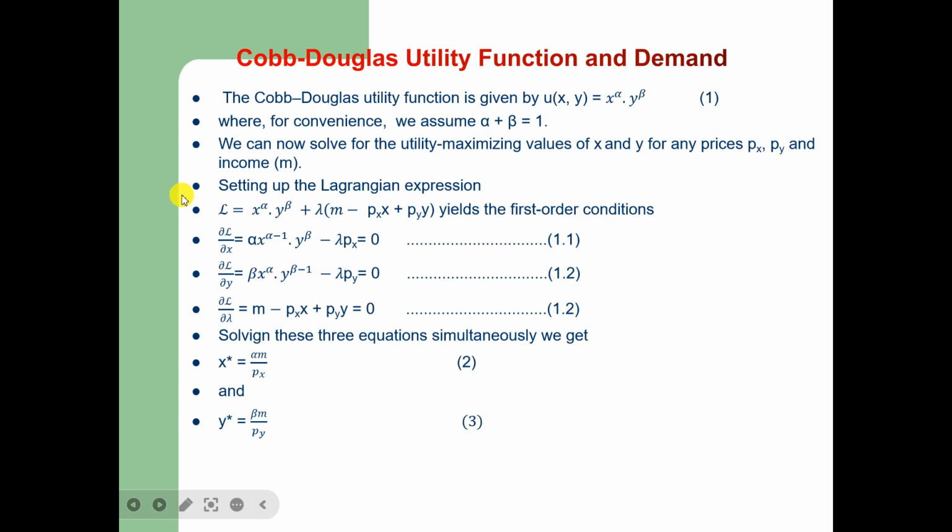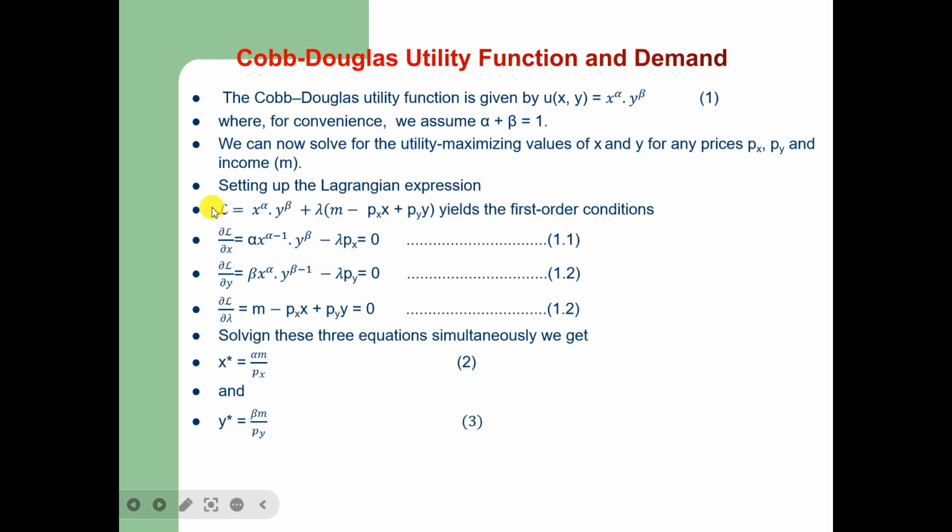So we set the Lagrangian function like this. L is equal to x raised to the power alpha, y raised to the power beta plus lambda, where lambda is the Lagrangian multiplier, and this is the budget equation, and that yields the first order conditions.